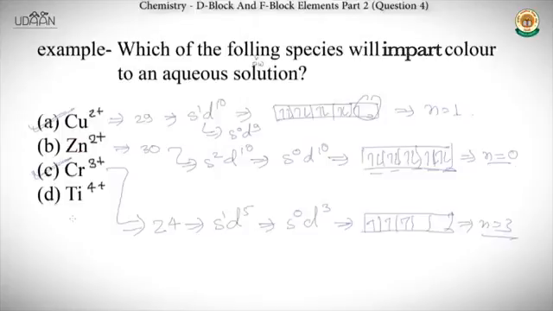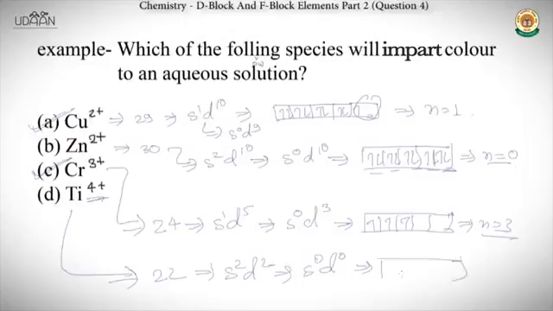Now Ti4+. Ti has an atomic number of 22, so its configuration is 4s2 3d2. After removing 4 electrons, this will become 4s0 3d0. So this has no d electrons, n equals 0, and it will not impart color to its aqueous solution.